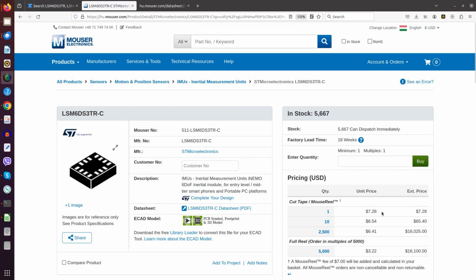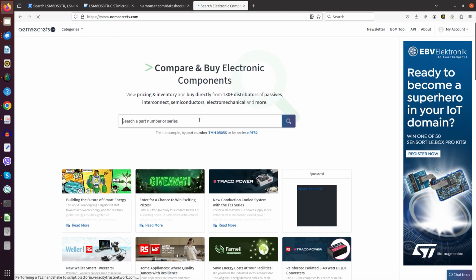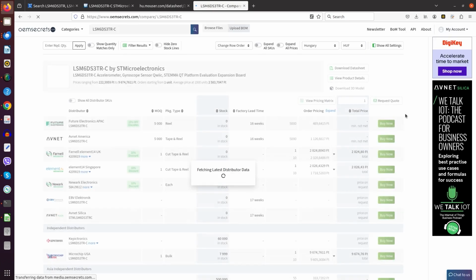And now, to get back to our component at hand, which is this LSM6 here. What I like to do is go to OEM Secrets first, put it in here, and then try to get a feeling for what the price is.